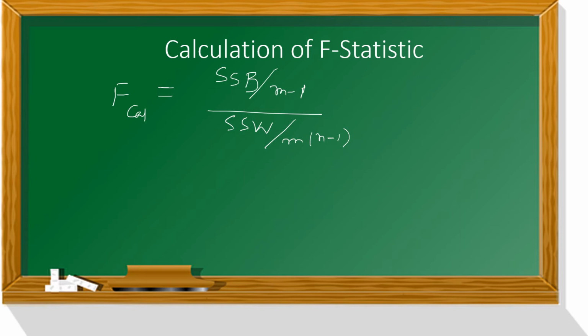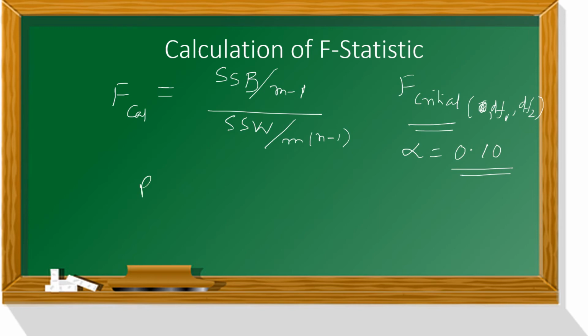Now we have to look up the F critical value in the F table, for degrees of freedom 1 and degrees of freedom 2, and for a level of significance, alpha, which is usually 10%, 5%, or 1%. The rule is that if the F calculated value is greater than the F critical value, then we have sufficient evidence to reject the null hypothesis.